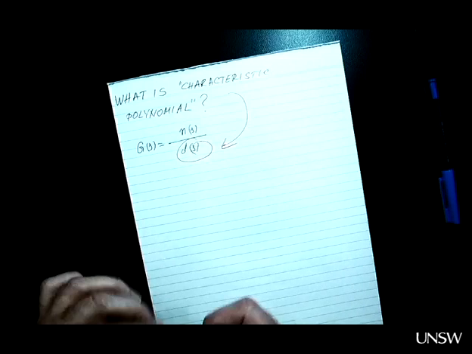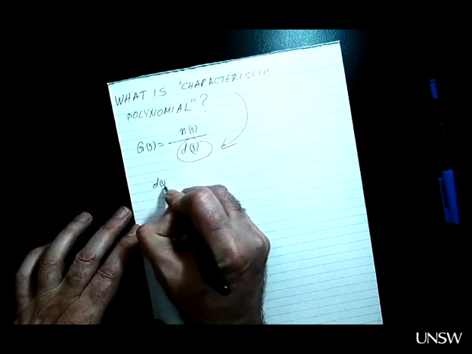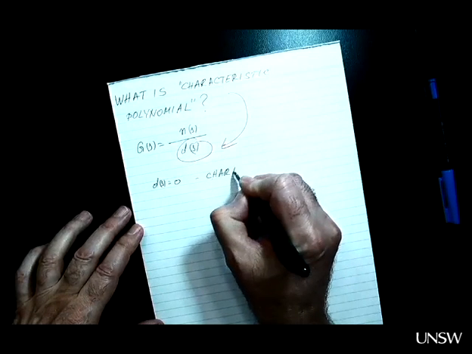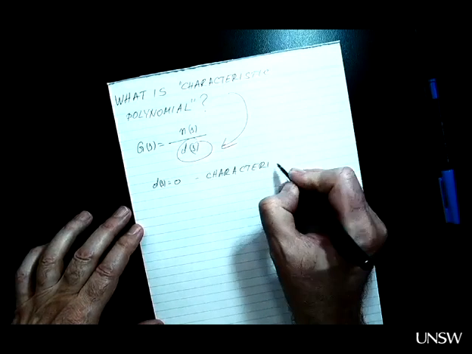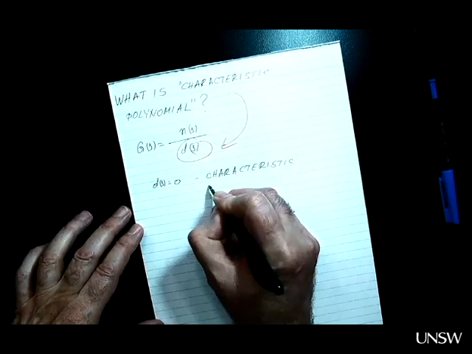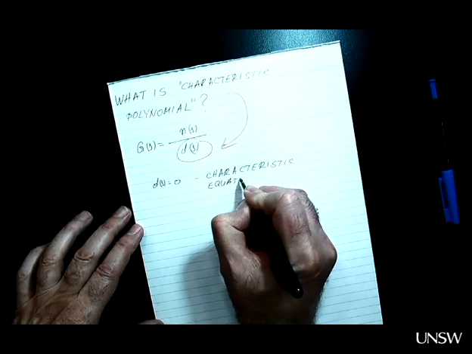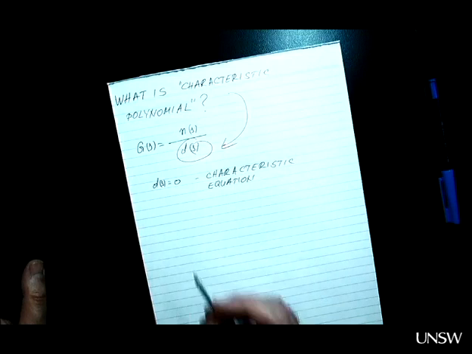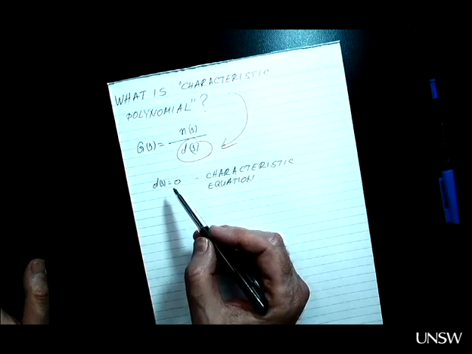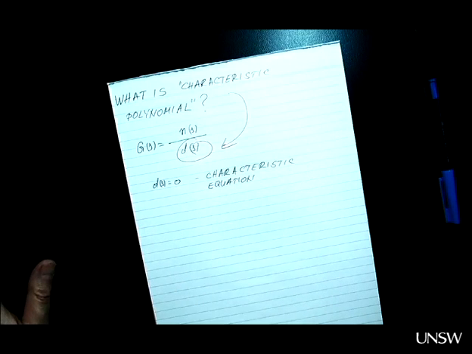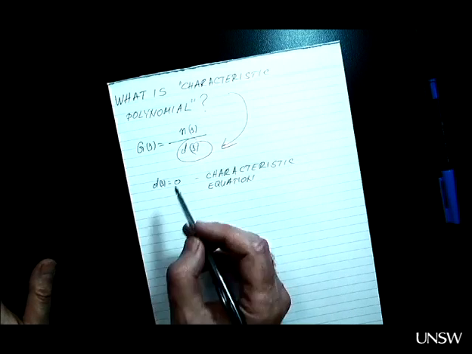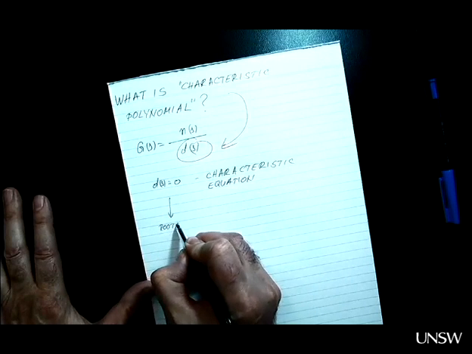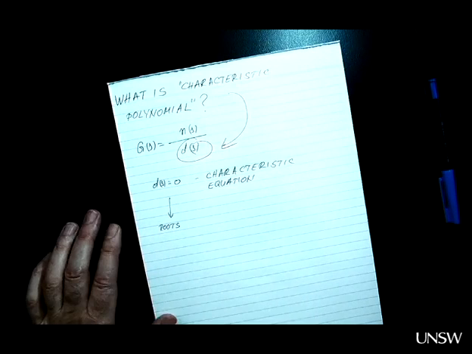When we equate the characteristic polynomial with 0, we get the characteristic equation. So characteristic polynomial equal to 0 gives us the characteristic equation. When we solve the characteristic equation, we get roots of the characteristic polynomial.